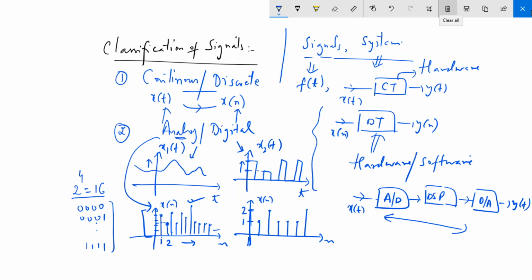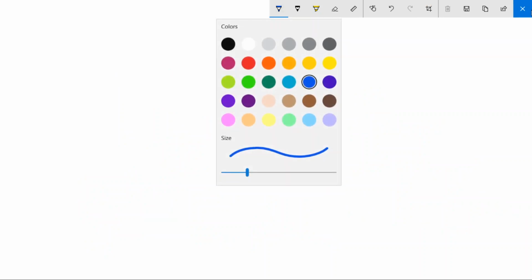So these two are important classifications: continuous and discrete time, analog and digital signals. Then you can have other classifications also. As I told you in the last class, the signal may be periodic or aperiodic. x(t) is periodic if it satisfies the relation x(t + T) = x(t).